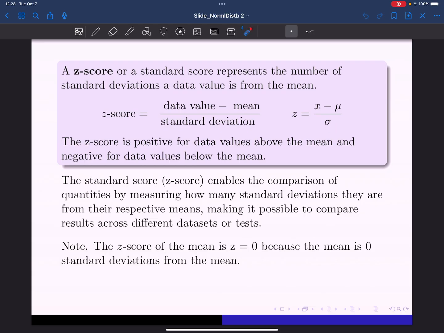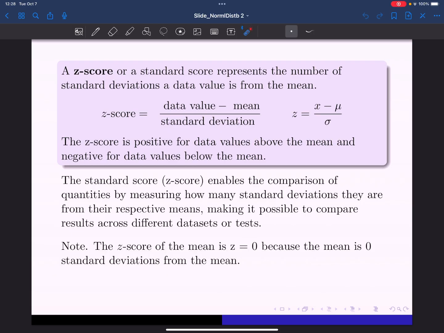The z-score is positive for data values above the mean and negative for data values below the mean. The z-score enables the comparison of quantities by measuring how many standard deviations they are from their respective means, making it possible to compare results across different data sets or different tests.